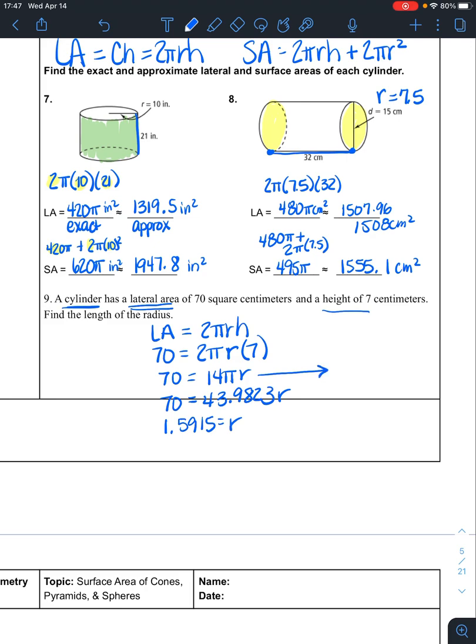Now, another way to do it is you could come over here, and instead of doing all of that work, what I mean by work is typing it all in on your calculator, you could divide by 14 pi. Now, here's where I need you to be very careful because the 14 pi's all cancel out over there.